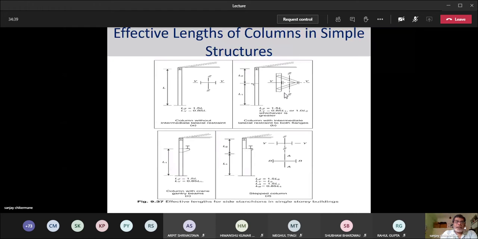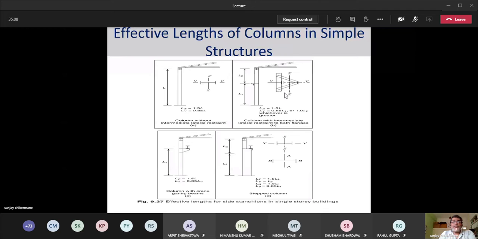So let's take a look at figures A, B, C, and D. If I look at A, I'm talking about a column without intermediate lateral restraint. The length of the column is L. I have got a roof on the top, so the roof ensures that my y-axis is kind of taken care of.